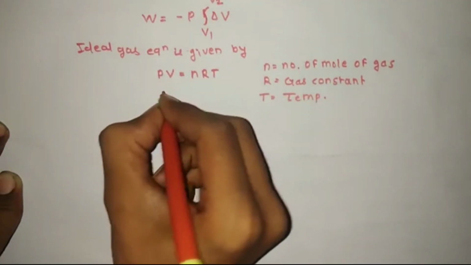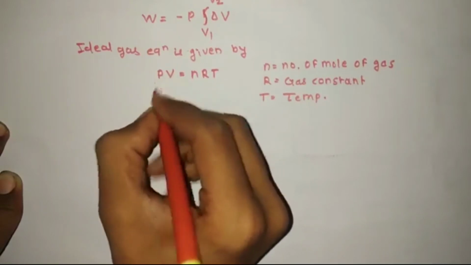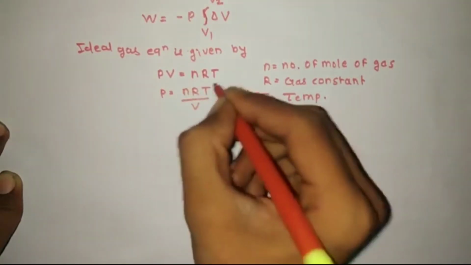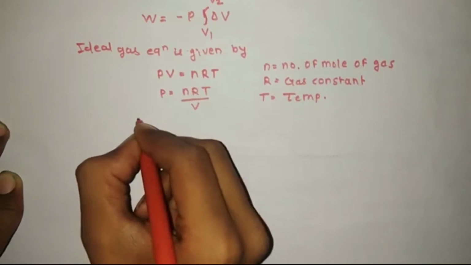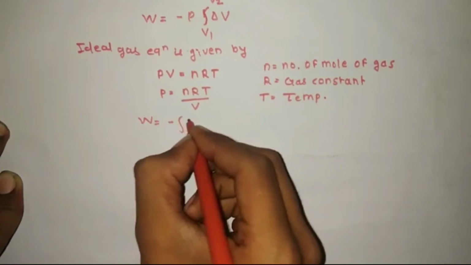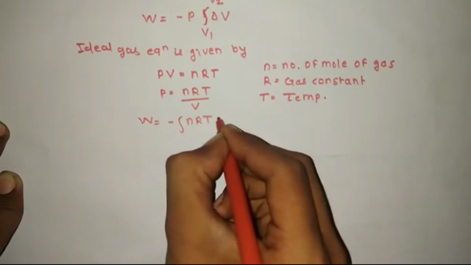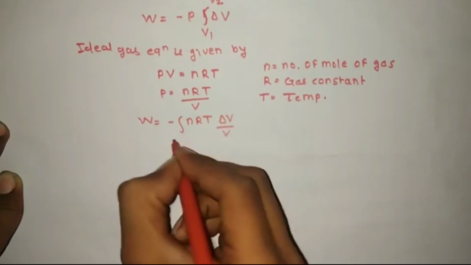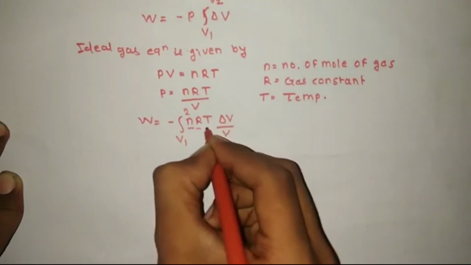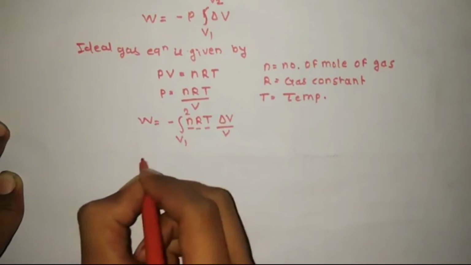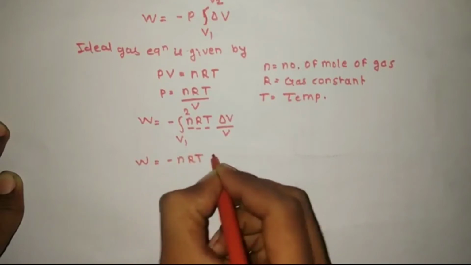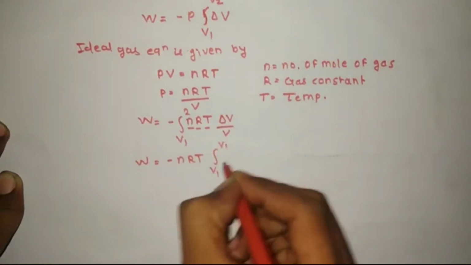From that we get P equals nRT upon V. Putting this value of P into the above equation, we get W equals minus nRT del V upon V from limit V1 to V2. Now n is constant, R is constant, and temperature is also constant, so we take minus nRT out of the integral from V1 to V2.